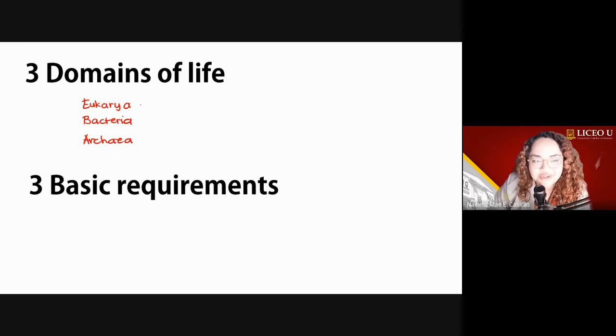Okay. When you say eukarya, what does that mean? What are, or eukaryotes, that's what you call them. What are eukaryotes? You can answer in the chat if you want. Yes, Ryan.